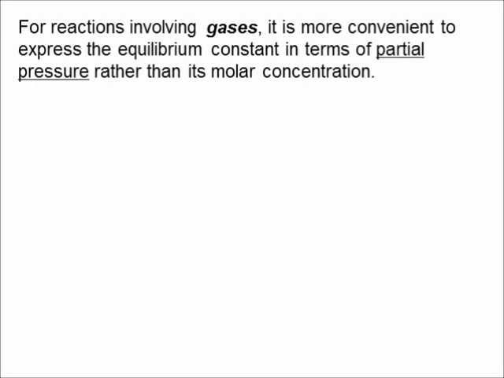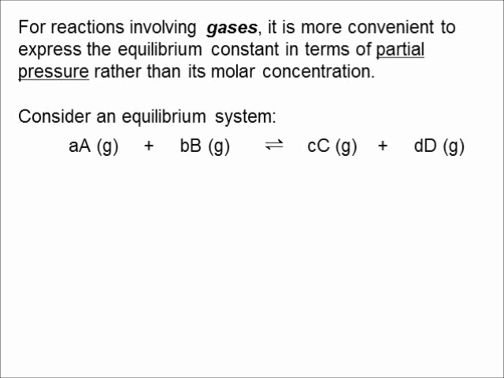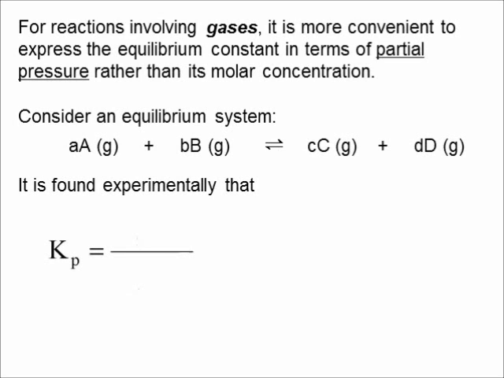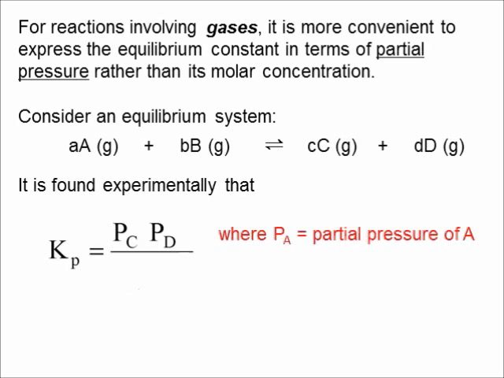For reactions involving mixtures of gases, it is easier to measure the pressure than to measure concentration. We write equilibrium constant expressions in terms of partial pressure in a similar manner to that in concentrations. The differences are, we use the symbol Kp instead of Kc. We use the symbol P for partial pressure, with the reactants and products written as subscripts.